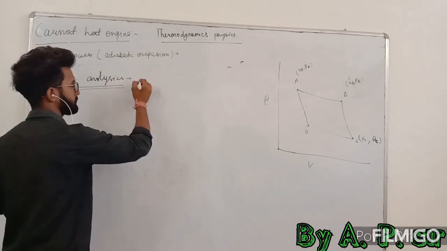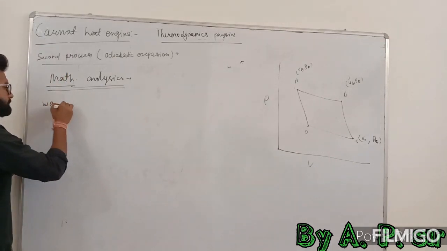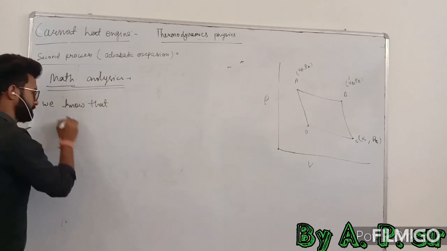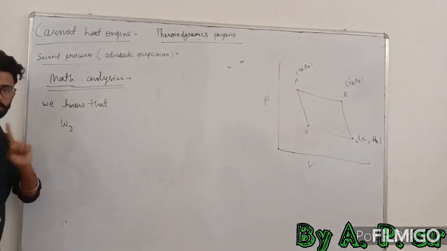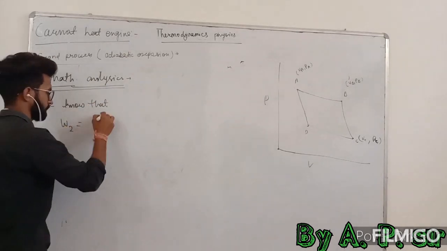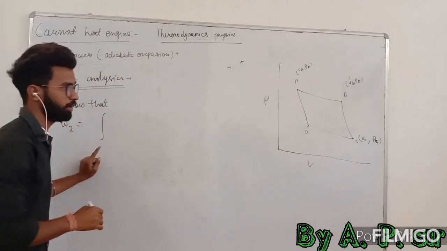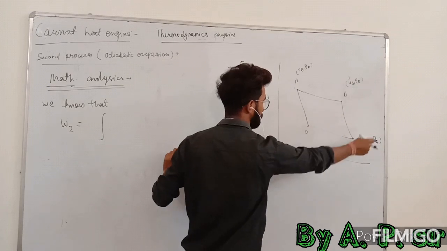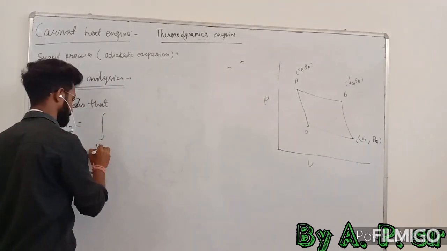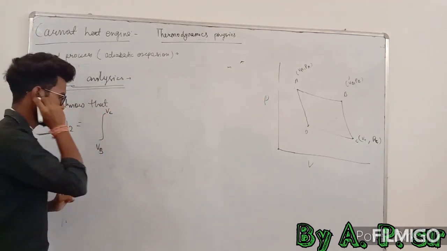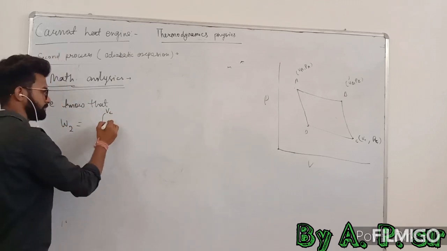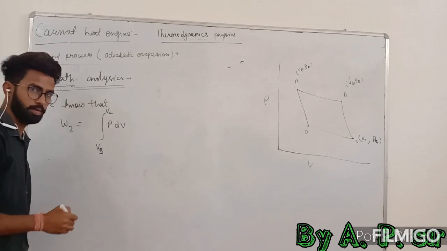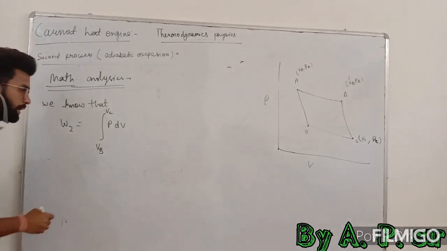We know that this is work 2, and we have the integral from VB to VC of P dV.